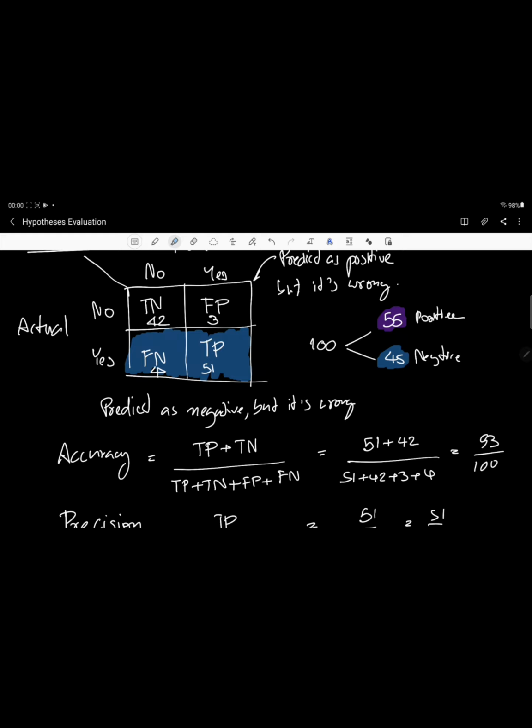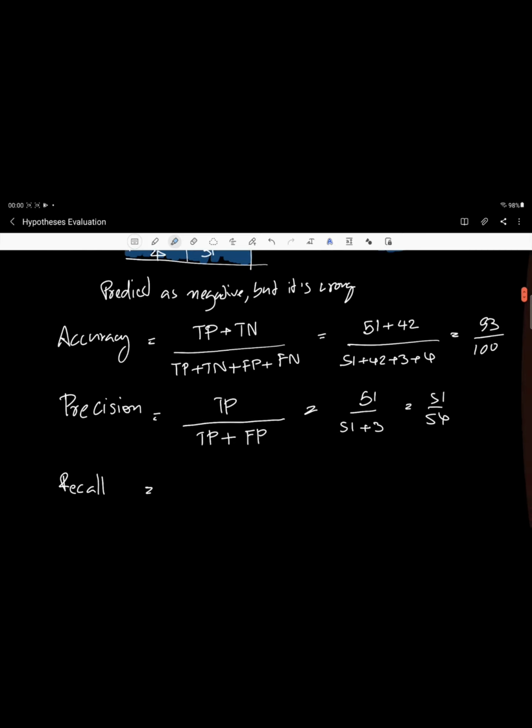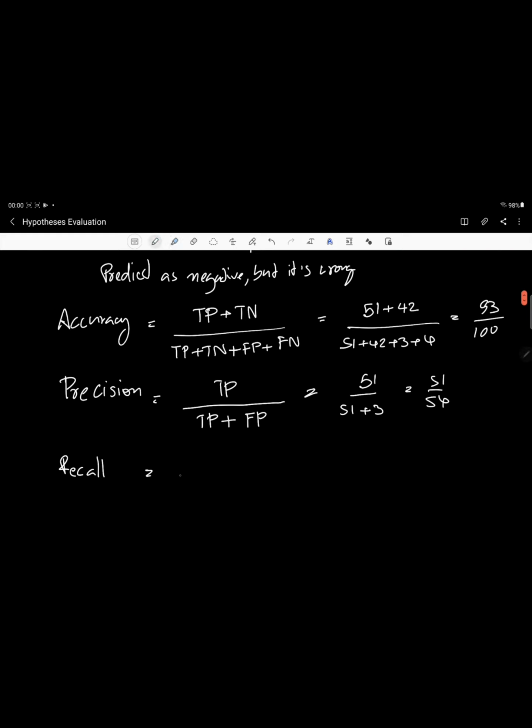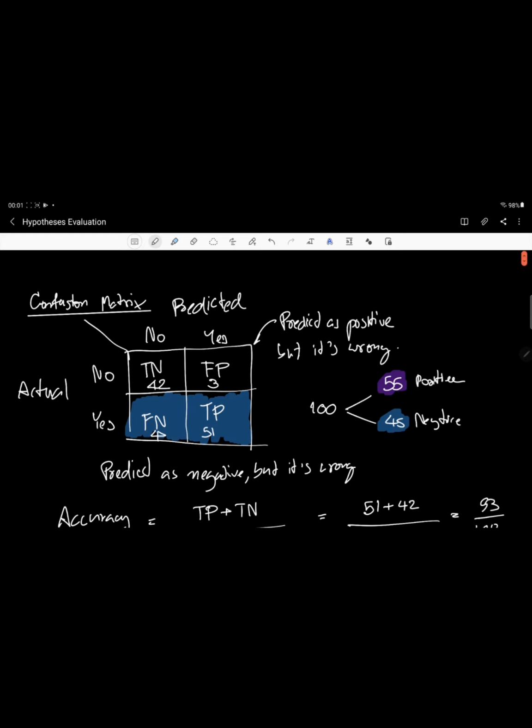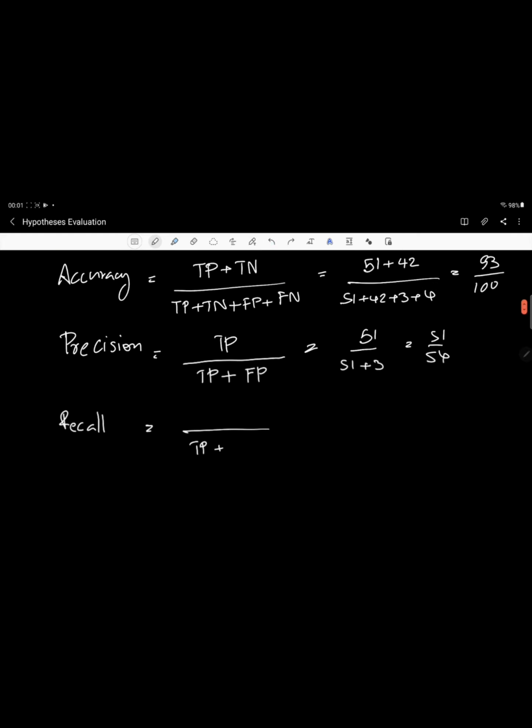It means that for all the positive class in your data set, how many of them do you correctly predict as positive? So for all positive, of course it must be true positive plus false negative, right?